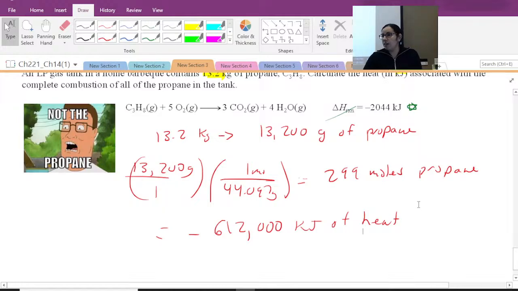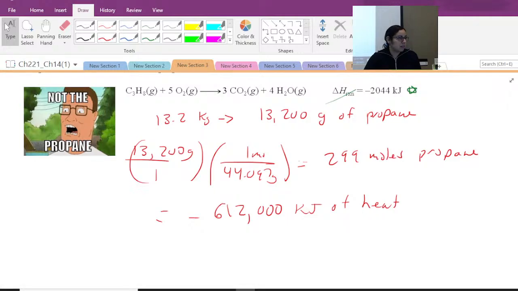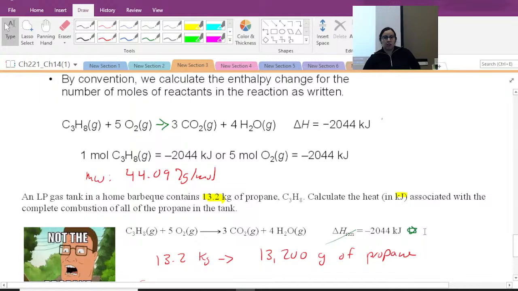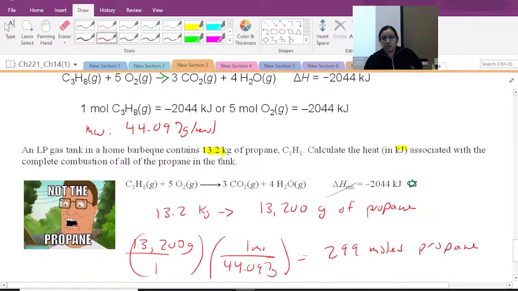Questions about that one? I am unsure about the relation, like how you jump from moles to kilojoules. You just multiply together. 1 mole of that propane equals that negative 2,044 kilojoules. Oh, okay.